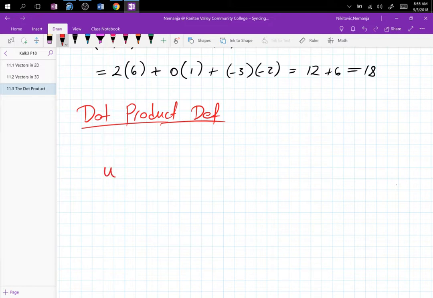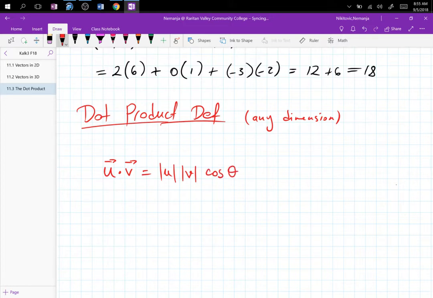The dot product between two vectors in any dimension is defined as the product of magnitudes times the cosine of the angle between the two vectors.